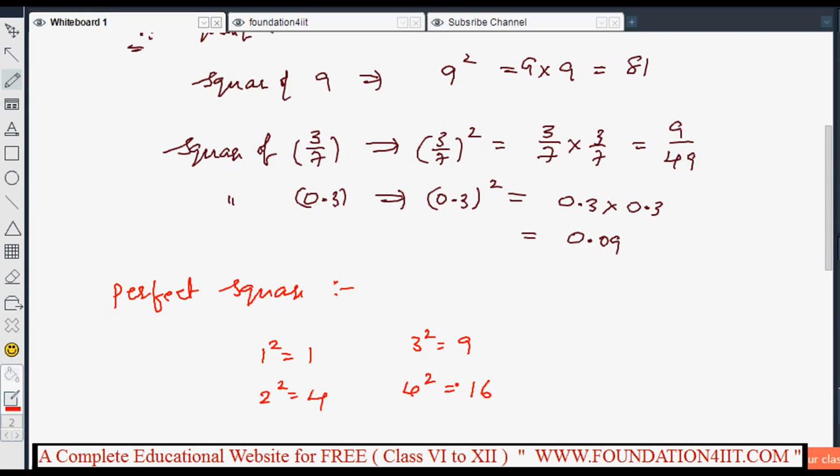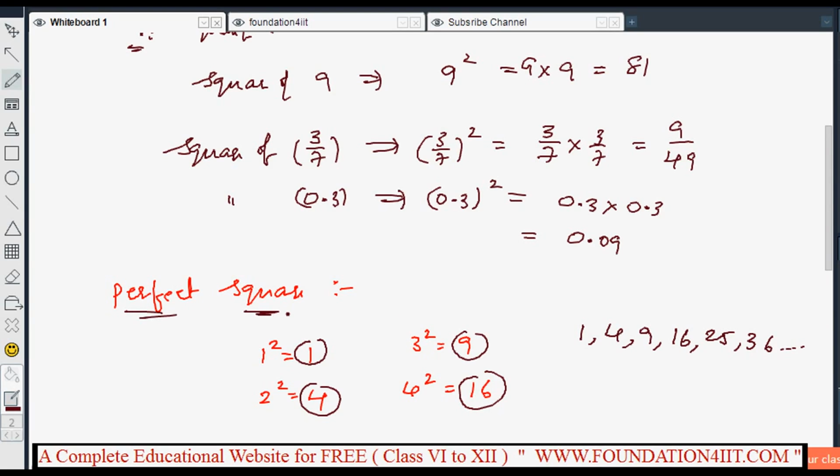So these numbers 1, 4, 9, 16 are all perfect squares. Similarly, 5 square is 25, 6 square is 36. So these are all perfect squares. We can define it like that: a natural number is called a perfect square if it is the square of some other natural number.